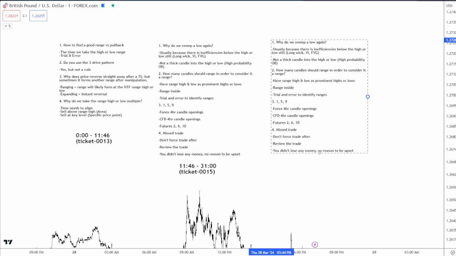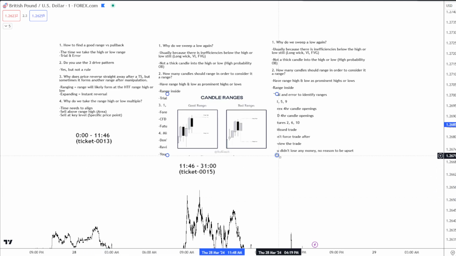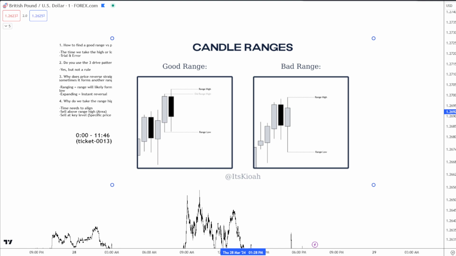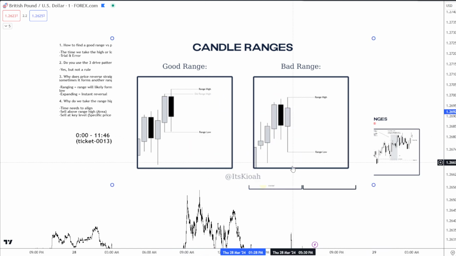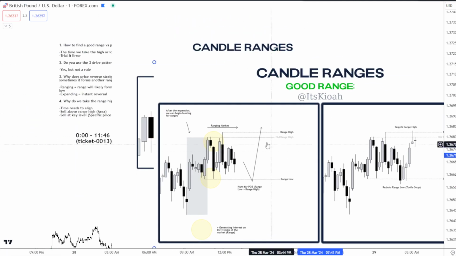So I'll go over these candle ranges that I made. Right, hopefully I can explain it. We have a good range versus a bad range. So why is this a good range, right?